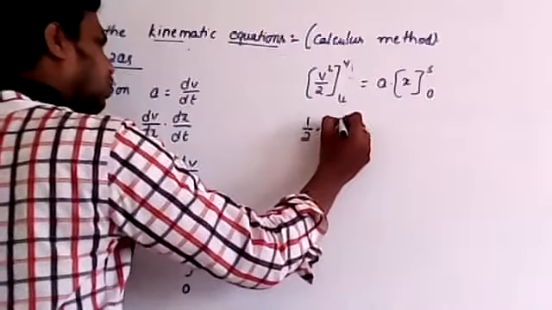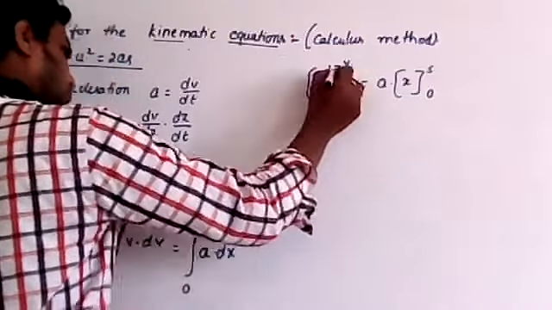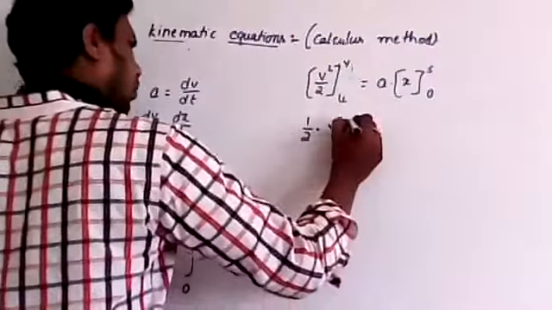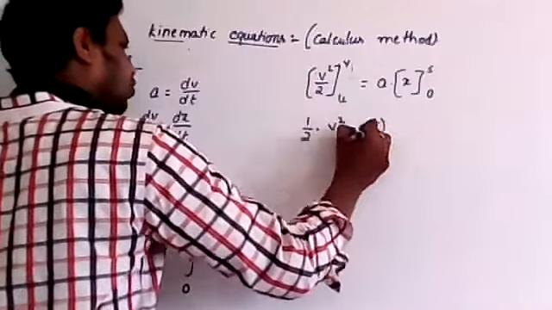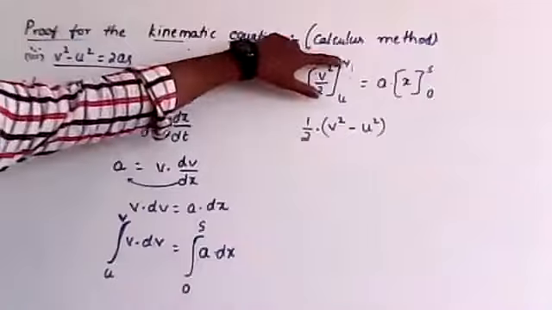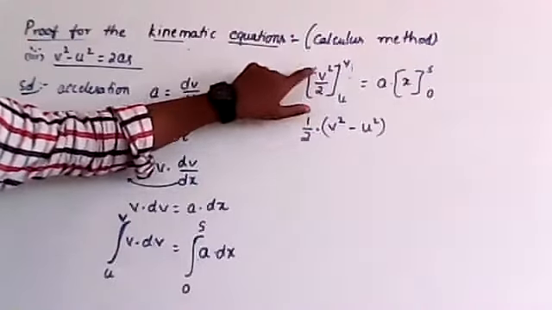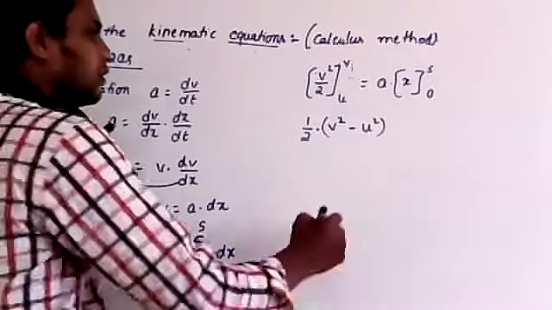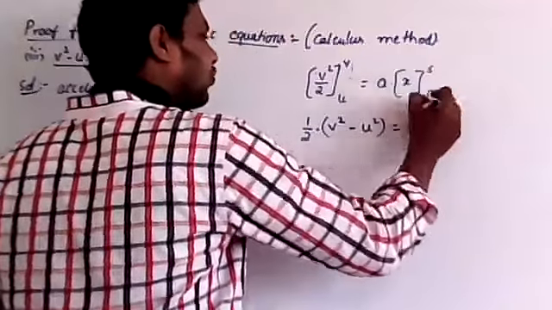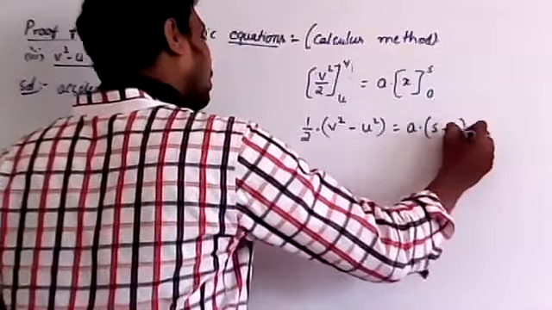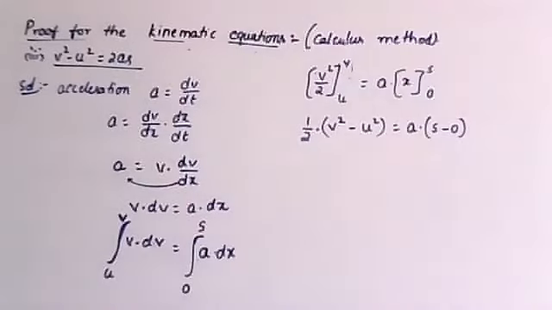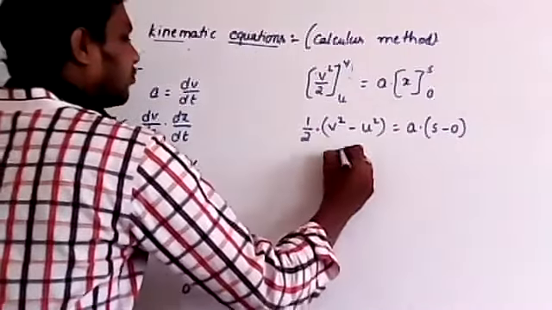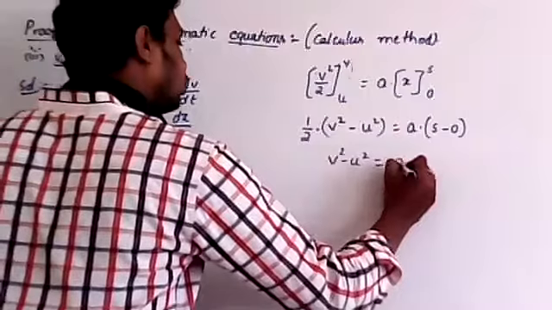So 1 by 2 into v square if you substitute the upper limit, minus if you substitute the lower limit u square. That is equal to a into s minus 0. So v square minus u square is equal to 2as.